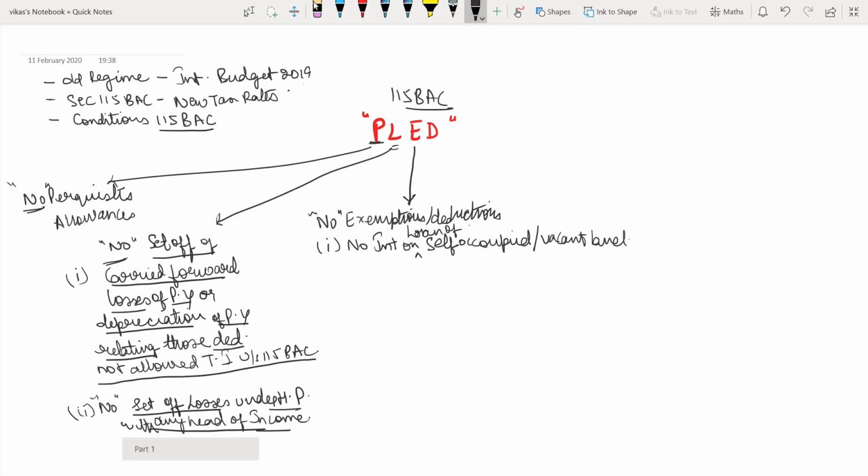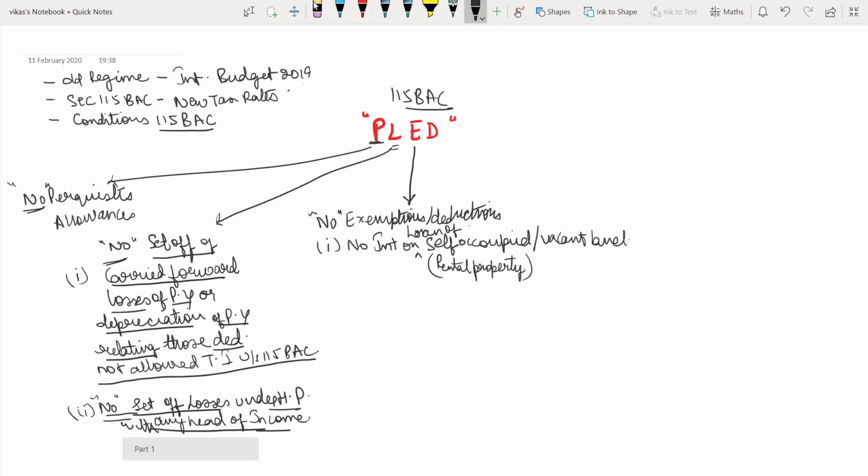Now, what do you mean over here? Earlier we said no set-off of losses under house property with any other head of income. Over here, we are saying no exemptions or deductions, that is, no interest on loan of self-occupied or vacant land. This means that interest on loan of rental property will be allowed to be set off against income from house property.